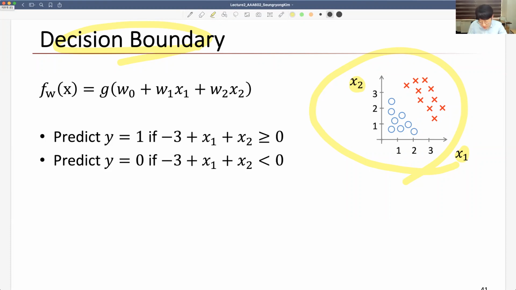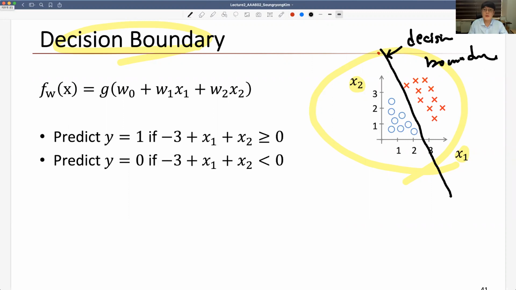What we want to do is to find the mapping function that classifies these samples. Maybe it looks like this, right? This is called the decision boundary in the classification problem. Then, how can I find this decision boundary?